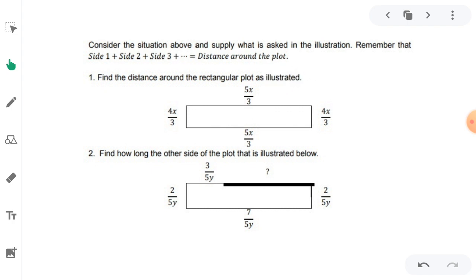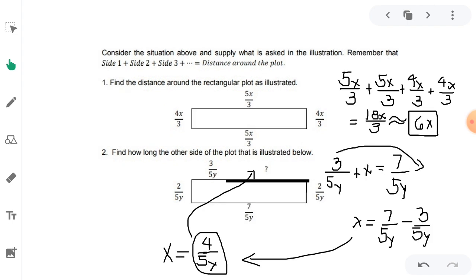So what we will do to get the distance in number 1 is add all the sides, which are represented by 5x over 3 and then 4x over 3. So the solution in number 1 is 5x over 3 plus 5x over 3 plus 4x over 3 plus 4x over 3 is equal to 5x plus 5x is 10x plus 4x is 14x plus 4x is 18x over 3.